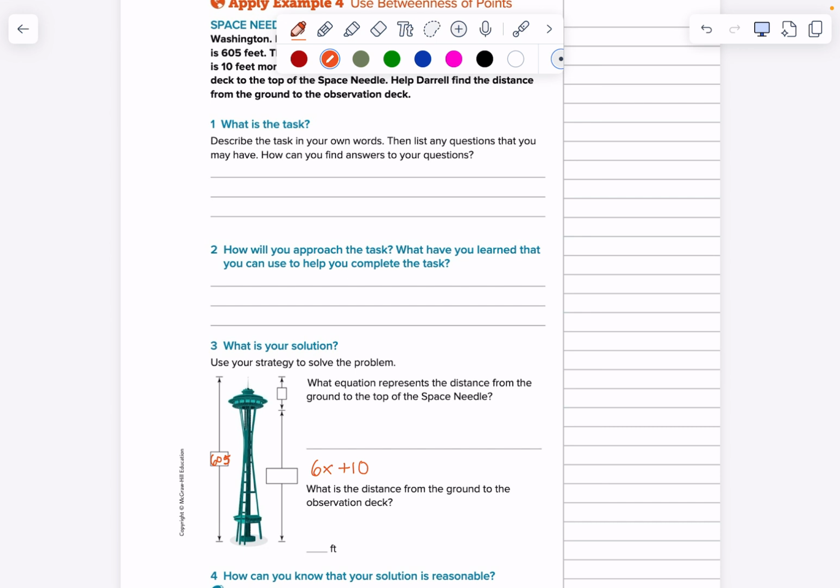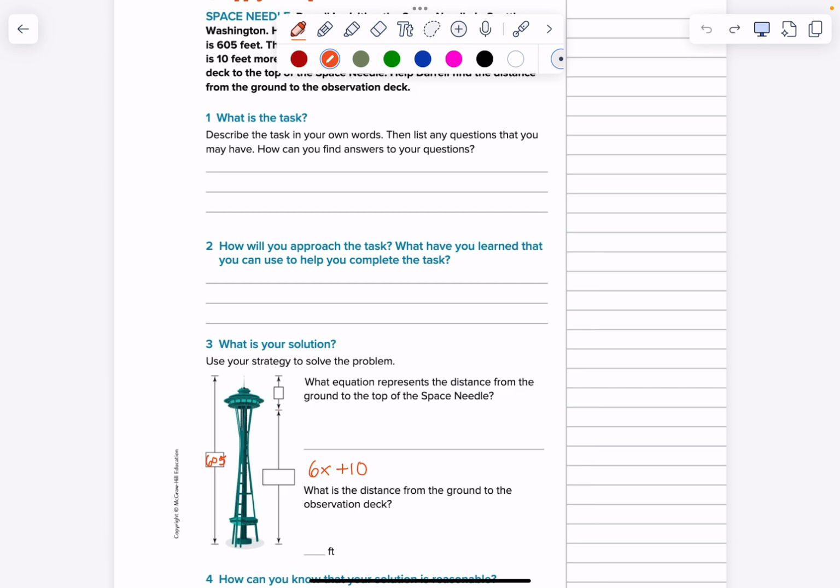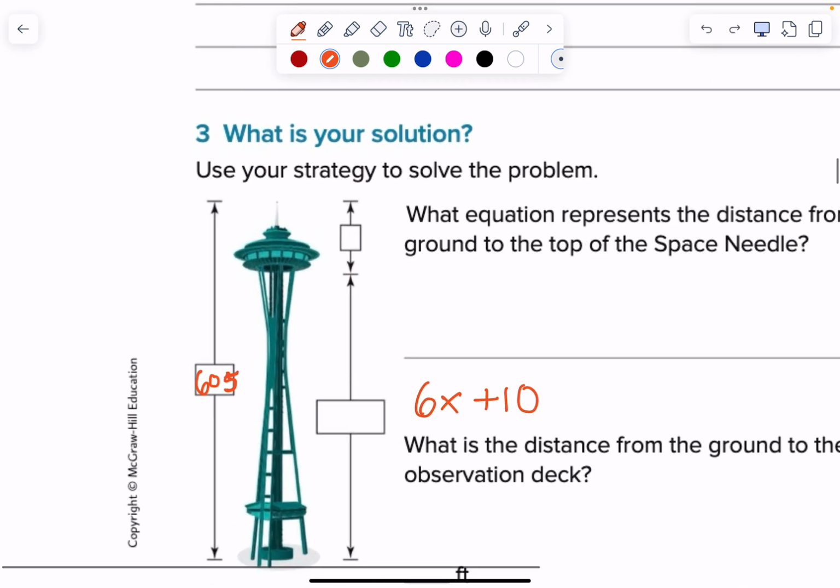10 feet more than 6 times the distance of the observation deck. So that's what this guy is. What's this guy right here? This guy, from here to here, is 10 feet more than 6 times the observation deck. What is this? That's your total height. This is just my observation deck right here. So that's just x, right?